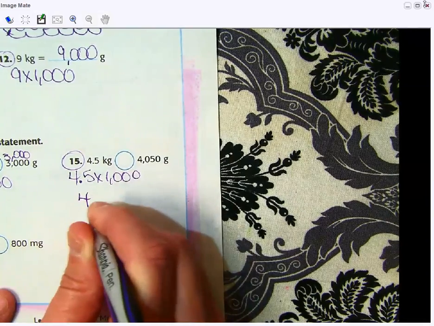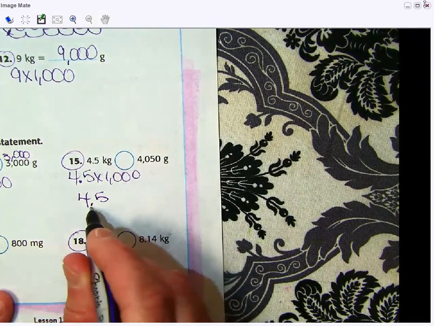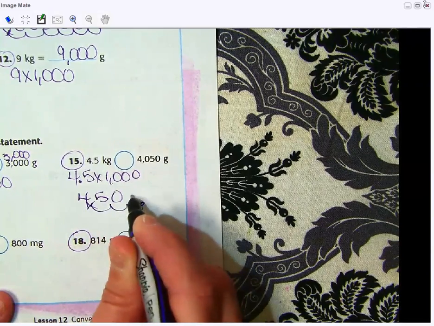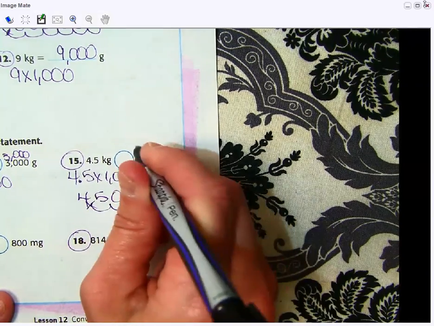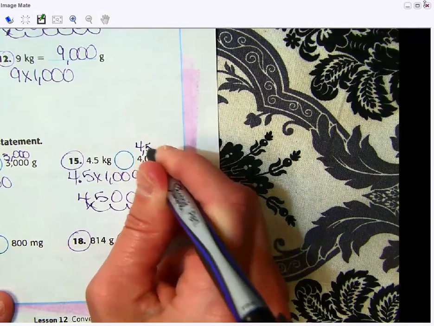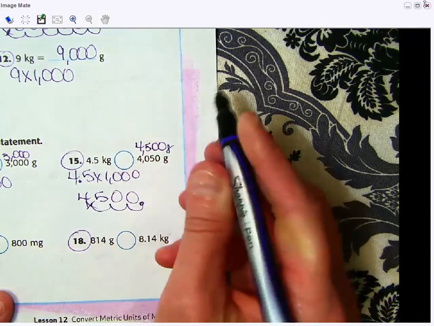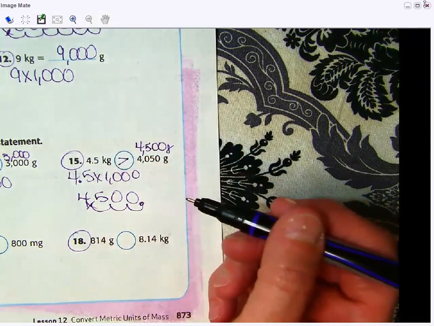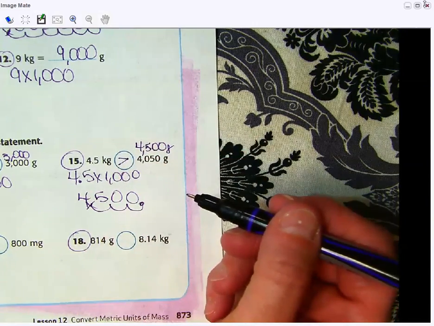Rewrite 4.5 so that you can move it easily. 1, 2, 3, 0, 0. So we know that 4.5 kilograms is equal to 4,500 grams, and 4.5 kilograms is greater than 4,050 grams.